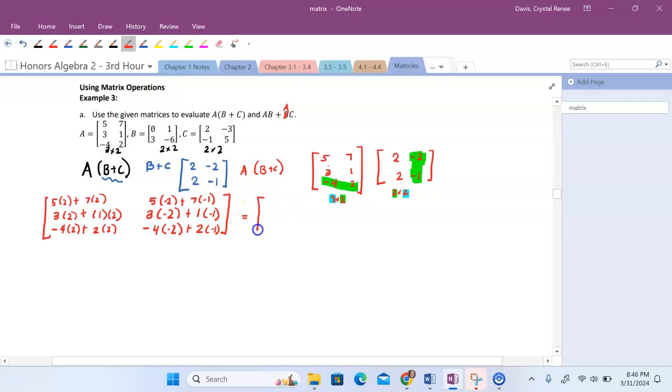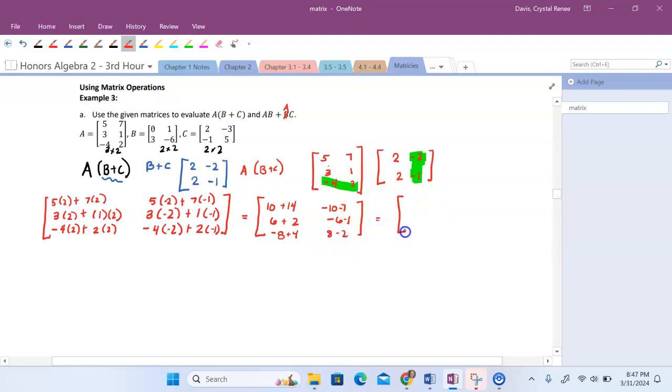All right, let me erase these to make a little more room. This is 10 plus 14, 6 plus 2, -8 plus 4. Up top is -10 minus 7, -6 minus 1, and 8 minus 2.